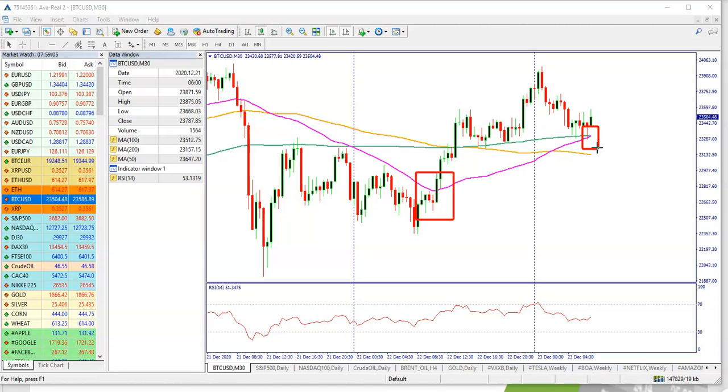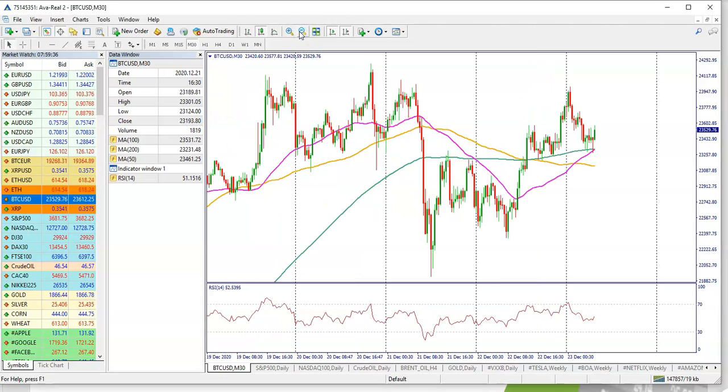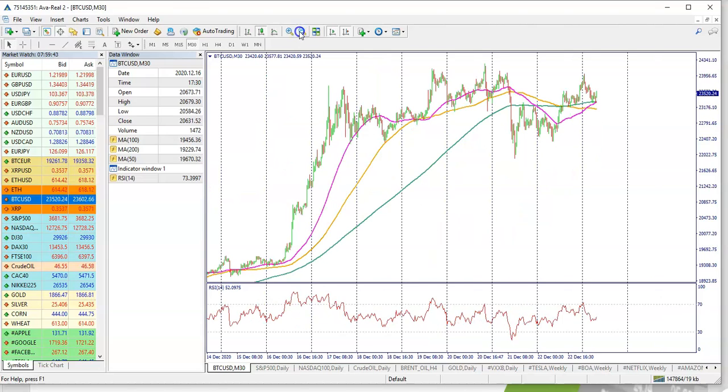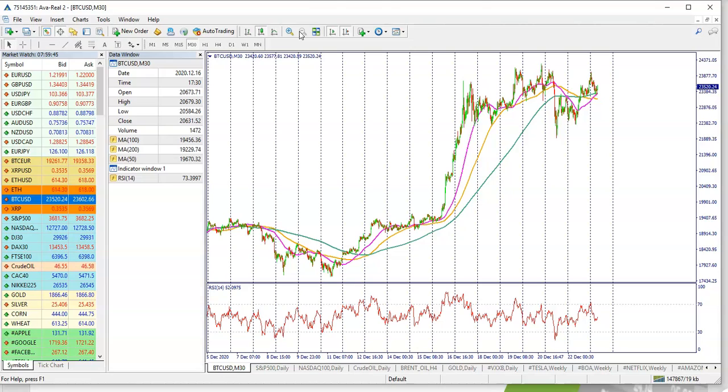But what is quite important in terms of price action is that in a long time, we have not seen the 50-day simple moving average crossing above the 200-day simple moving average, because the last time it happened was right around this particular area, when the 50-day simple moving average crossed above the 100-day simple moving average right over here.